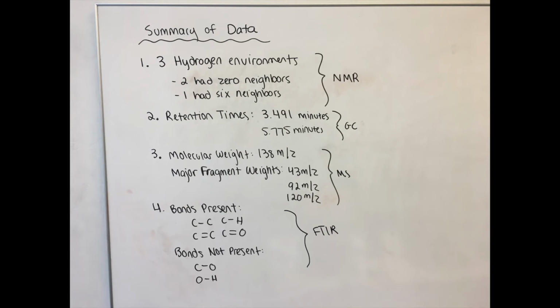Finally, our FTIR showed the bonds present to include carbon bonded to carbon, carbon double bonded to carbon, carbon bonded to hydrogen, and carbon double bonded to oxygen. This also means bonds not present include carbon bonded to oxygen and oxygen bonded to hydrogen.